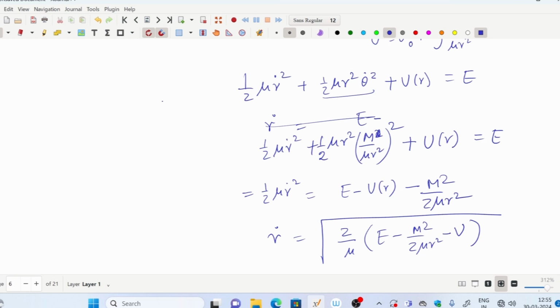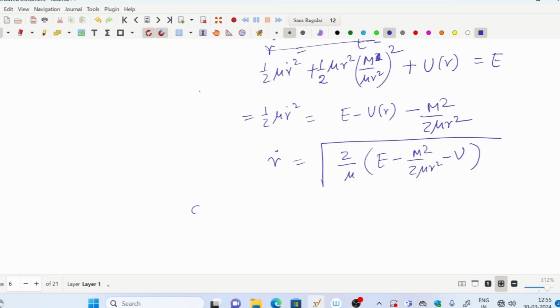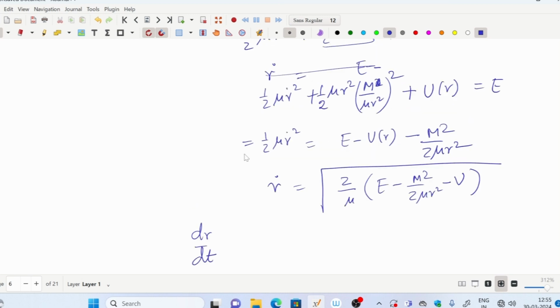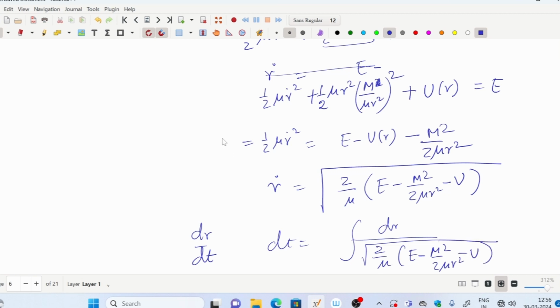So if I calculate r dot as dr by dt, then dt will be dr over root over 2 by mu, E minus m square over 2 mu r square minus U, and this is in the square root.